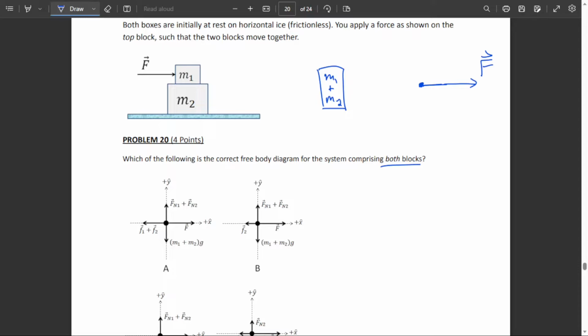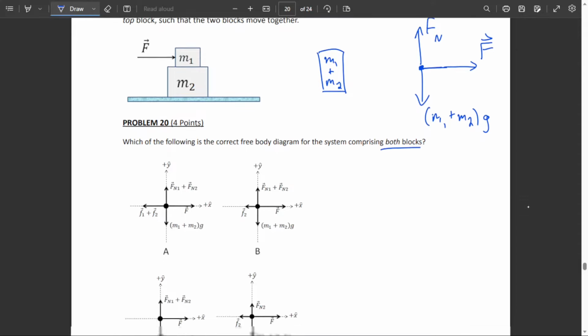We have the weight force, which is going to be the mass of both blocks times gravity. We have the normal force. And that's it actually. There's no friction because it's frictionless. So these are the three forces.